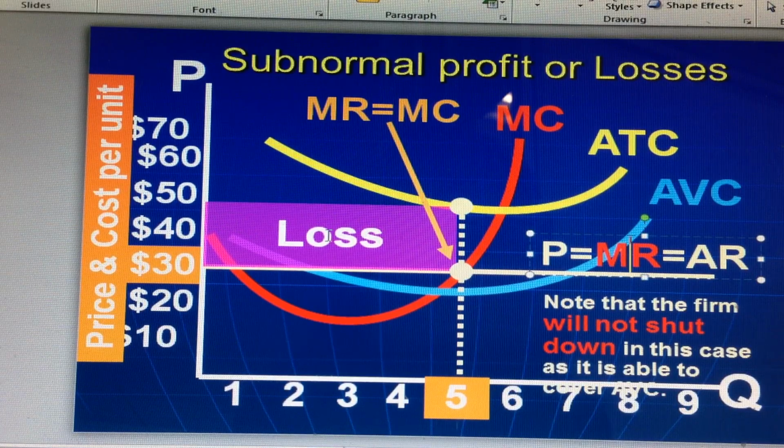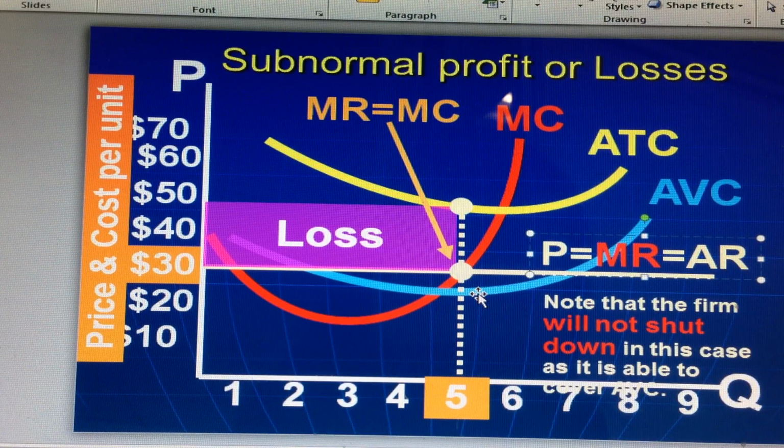Now, how does the AVC come into the picture? Now, look closely. Before I proceed, can you find a place and write this down? To determine how much profit or loss, see ATC and price.